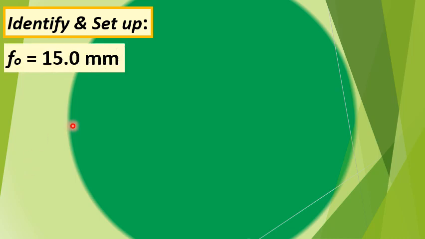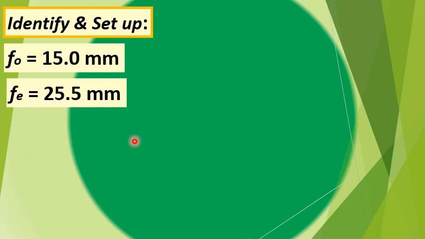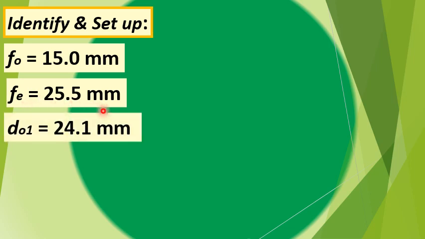So for our solution, the focal length f sub O of the objective is 15.0 millimeters, and that of the eyepiece, f sub E, equals 25.5 millimeters. The distance d sub O1, or the distance of the first or original object, is given as 24.1 millimeters below the objective.